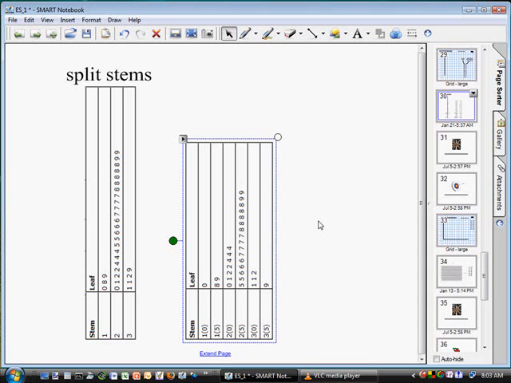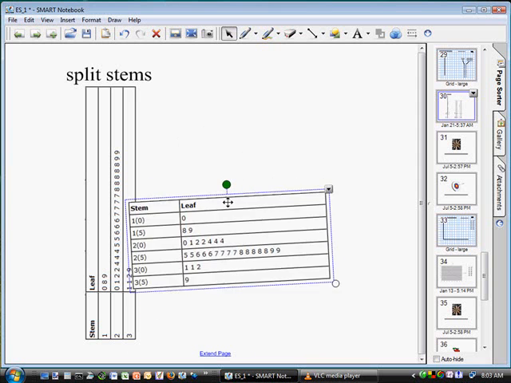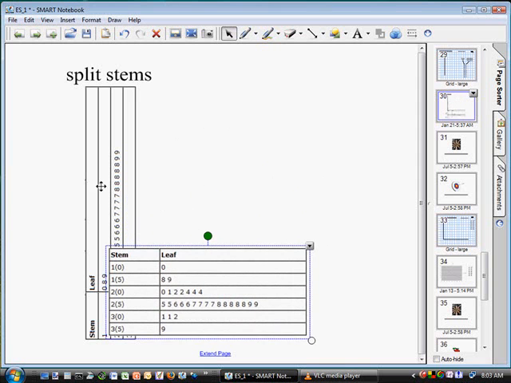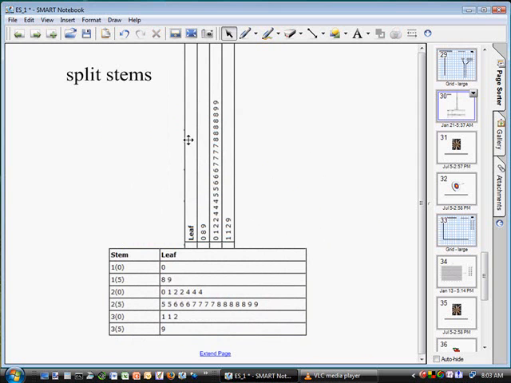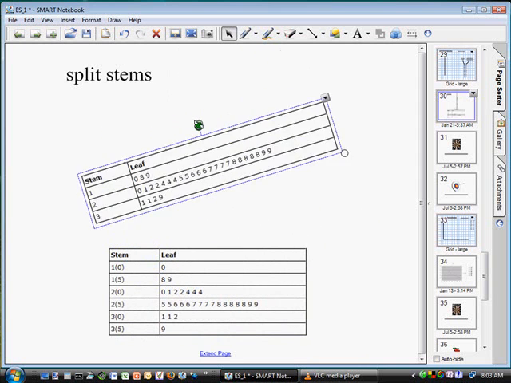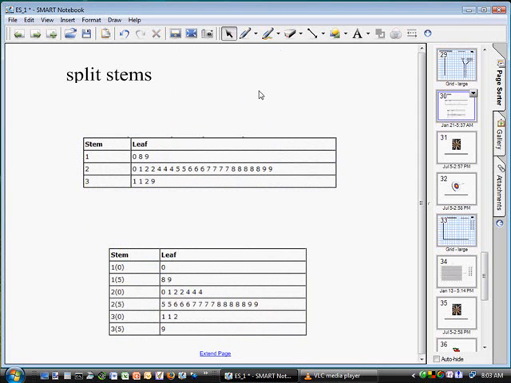And so, occasionally, you will see them talk about split stems. Does that make any sense? Let me put these back here. You want to know what they mean, and it's not a very difficult thing to do.